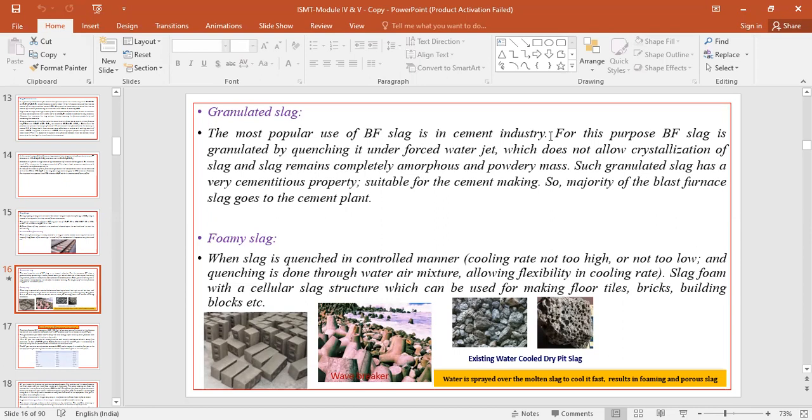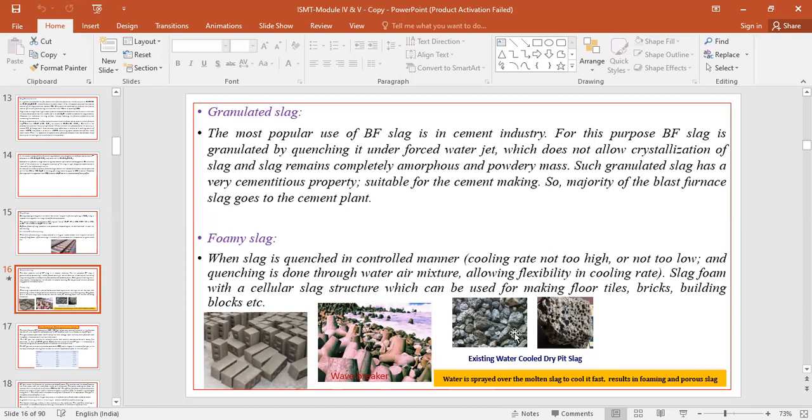And also this slag is used for the production of wave breakers. You can see in this particular picture that these wave breakers are located near the seashores, which does not allow high waves to generate.